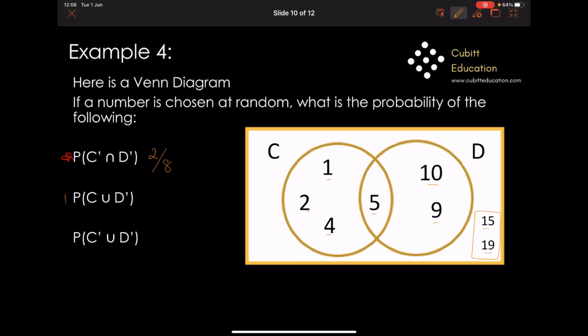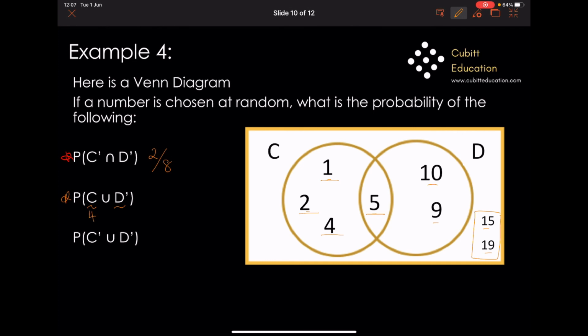This next one, probability of C union not D. That means, what's the probability of getting C or not getting D? The probability of getting C is these 4 numbers within C. Let's just write that there, 4.